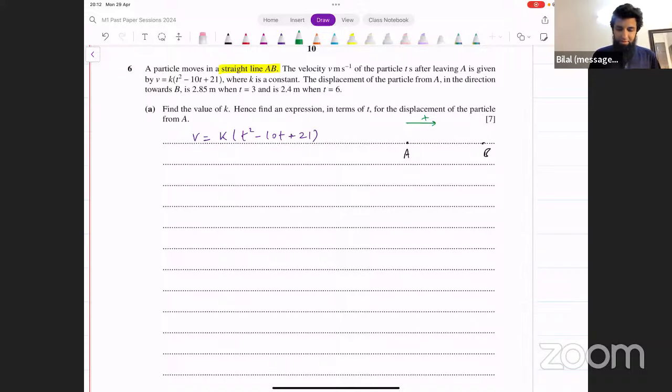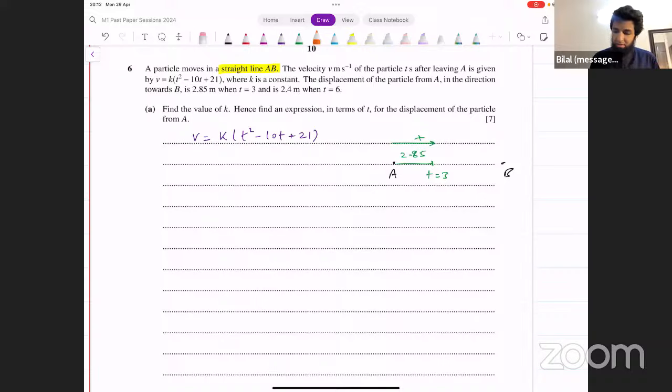This is 2.85 when t equals 3. So at time equals 3, they're saying the displacement is 2.85. And then 2.4 when t equals 6. When t equals 6, the particle comes back a bit.